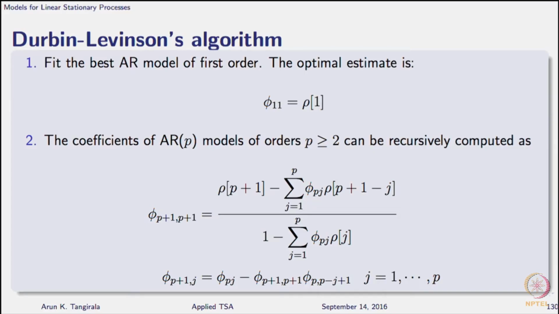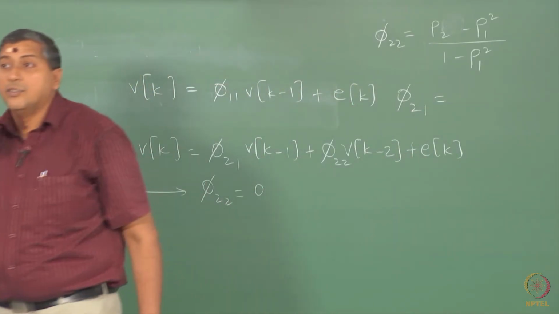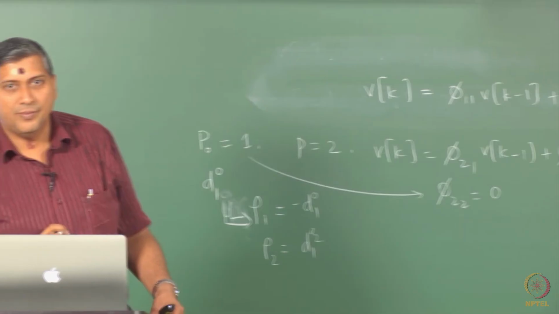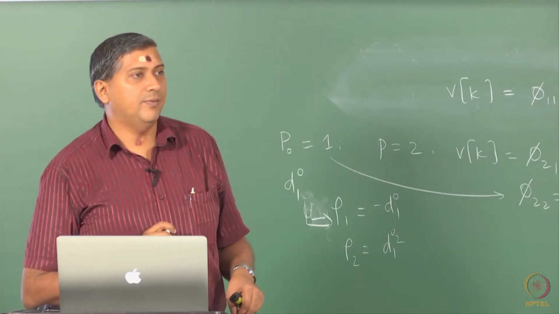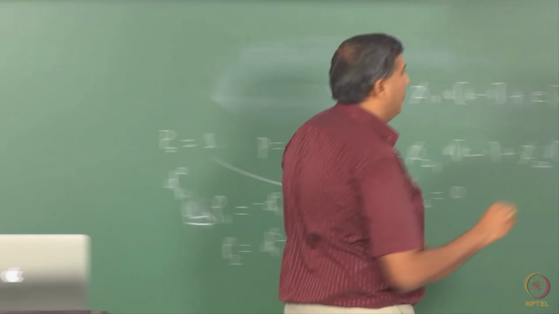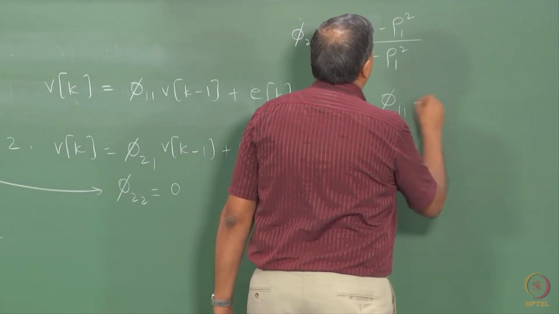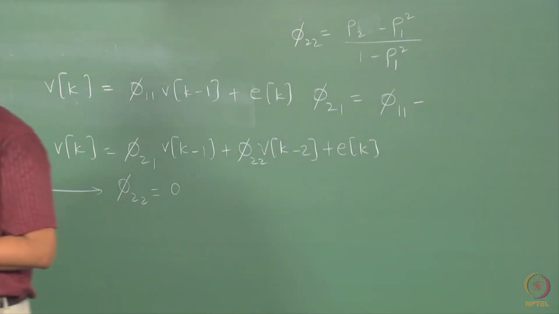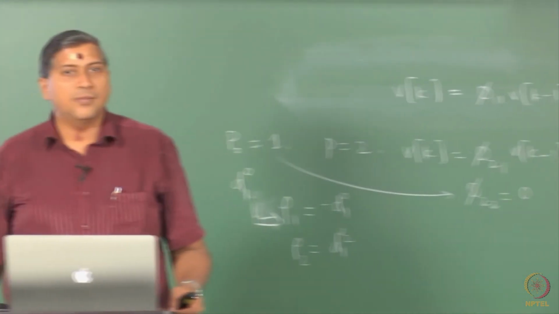Of course, this algorithm has been proposed and verified many times, it has been theoretically derived, and you can also see that it allows you to derive phi 2 1. What would be phi 2 1? It says phi 2 1 is, so let us write for phi 2 1 using the DL algorithm without solving the Yule-Walker equations. What do you get for phi 2 1? Phi 1 1 minus, what do you get?